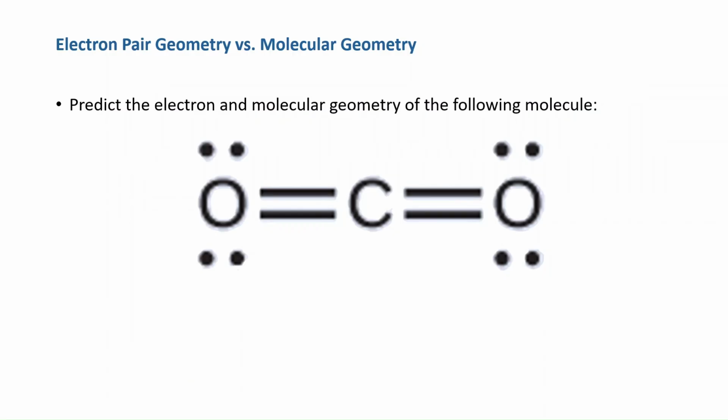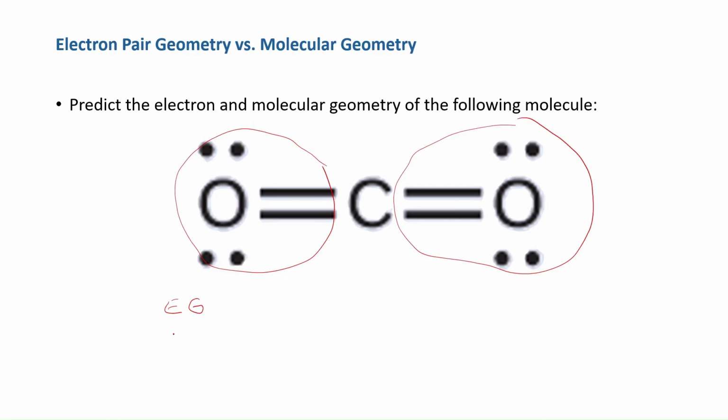Predict electron and molecular geometry. Okay, for the electron geometry, how many regions of electron density do you have? You have 1, 2 around the central atom, right? So you have 2 regions, so there's only one possibility, linear.